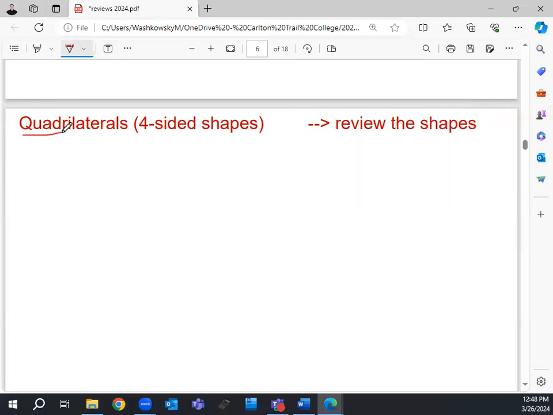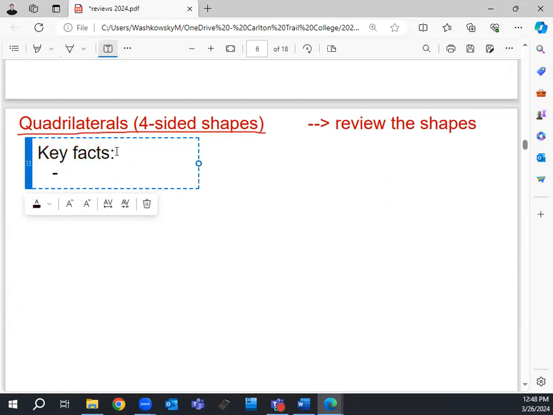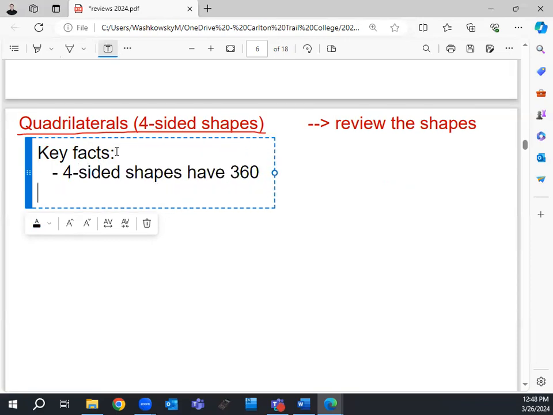So everything we know about four-sided shapes really comes from a couple key facts. The first is that four-sided shapes have 360 degrees.